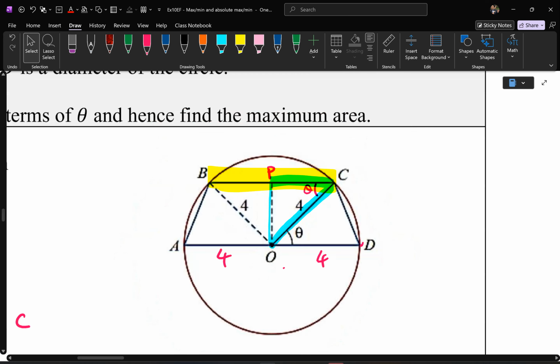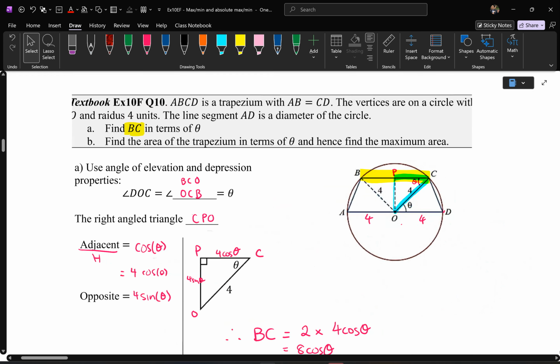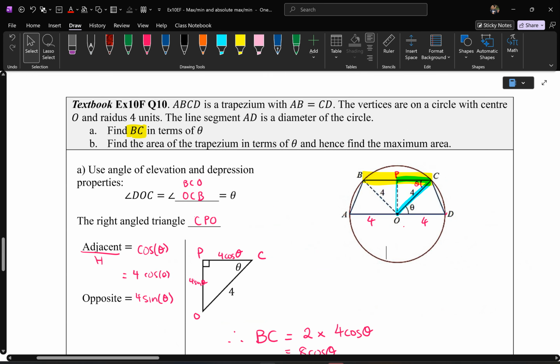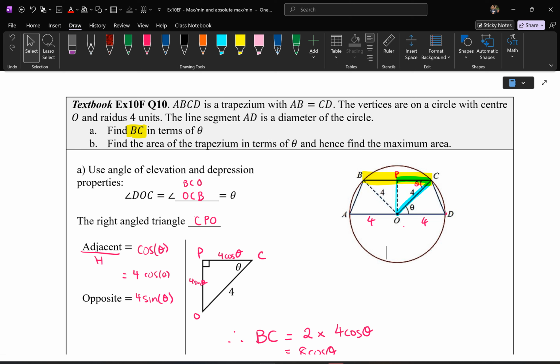That brings you to this bit here where I tried to guide you, and I said DOC should be equivalent to OCP or OCB, because it's angle of elevation and angle of depression. Those two are alternate angles in parallel lines. Therefore, they must be equal. That's the only part that we know is equal. So that was the first step.